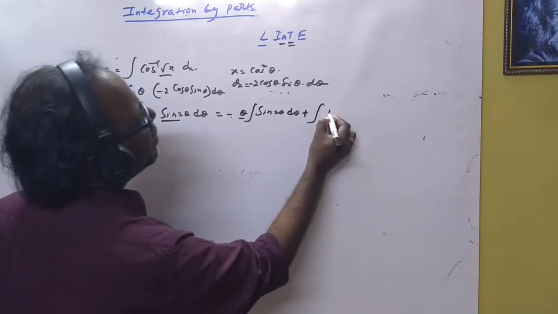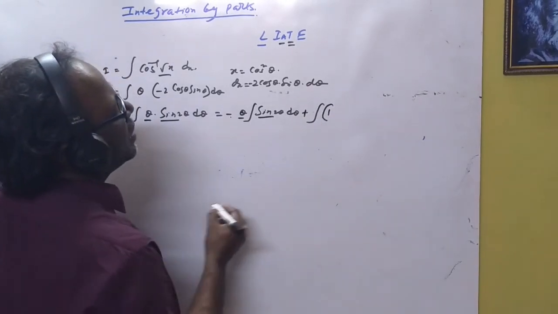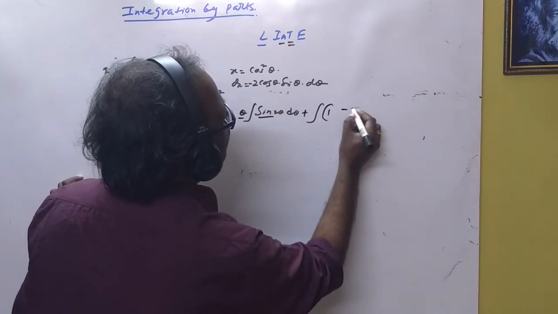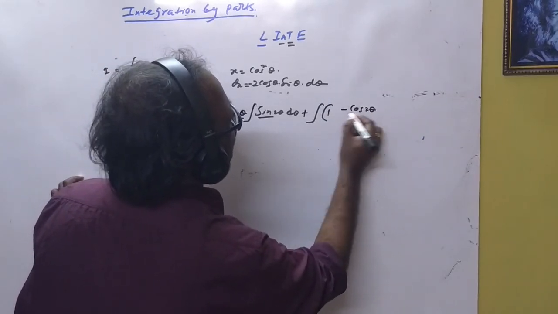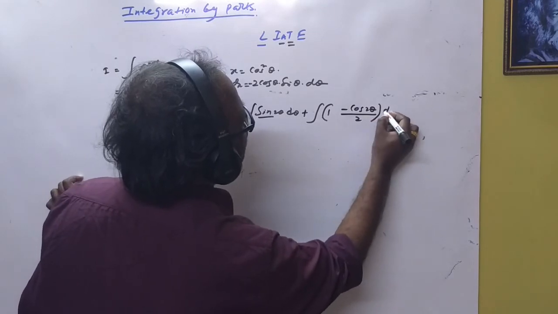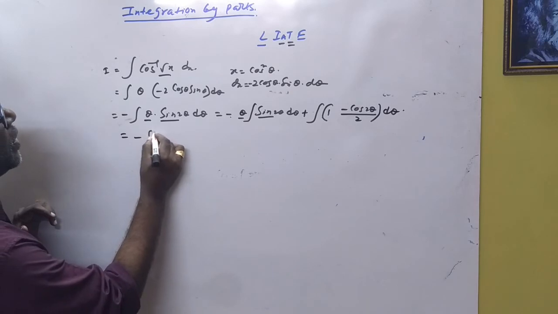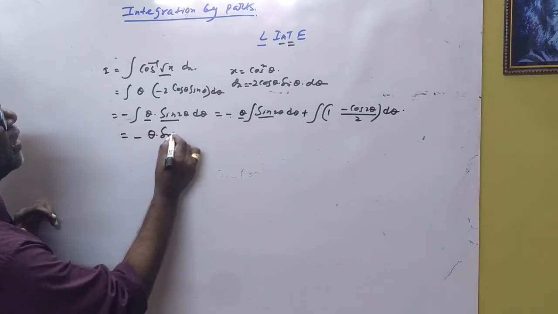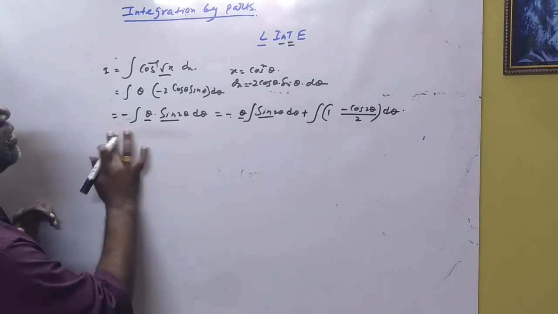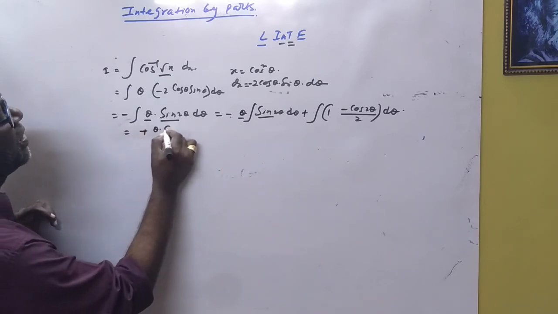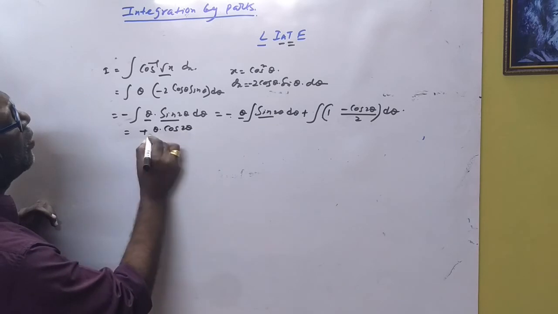Okay, the derivative of theta here is 1, and the integration of sin 2 theta is minus cos 2 theta by 2 here into d theta. Okay, and now see minus theta sin 2 theta, integration of that is minus plus theta and cos 2 theta by 2 here.